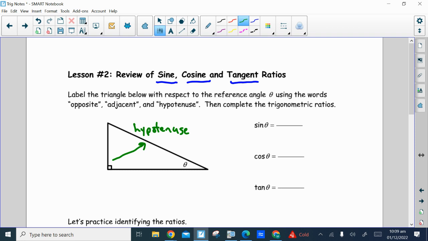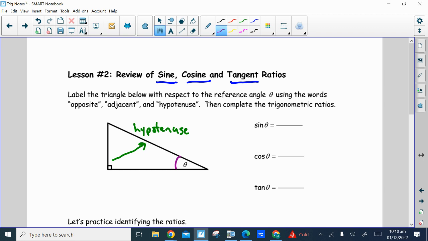Now, here's the next step, and this is important. You're always going to be either given an angle that you're going to use, or you're trying to find an angle. Whatever that angle is, which in this case is labeled theta, and theta is just a Greek letter that's often used to represent an unknown angle.